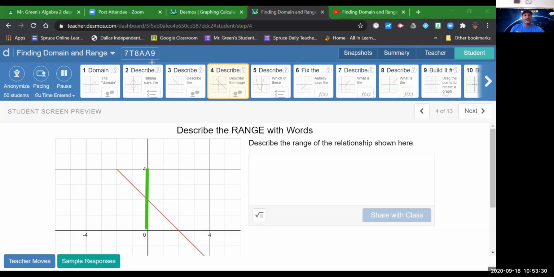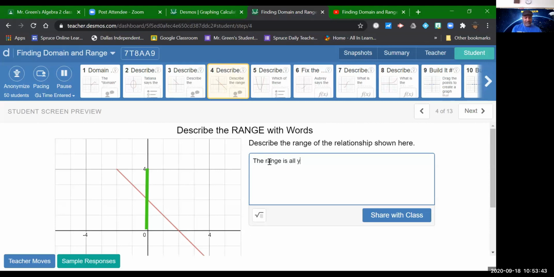So if I was going to type this out in words, the range is all y values, what two numbers? 0 and 4.